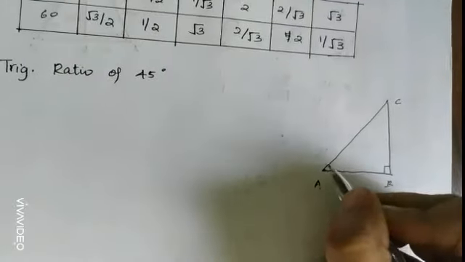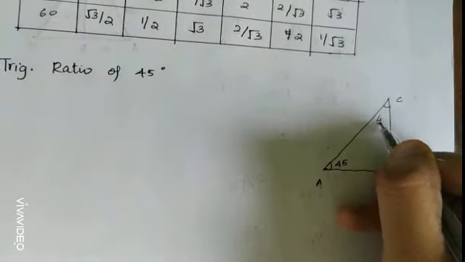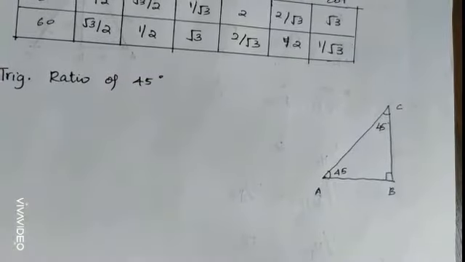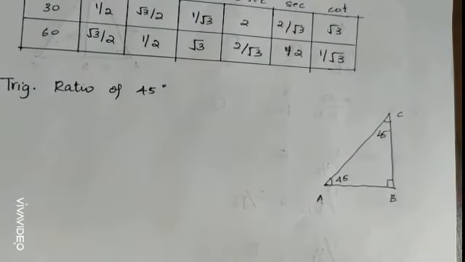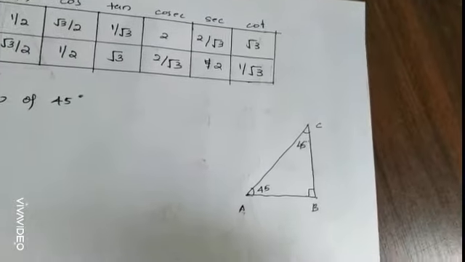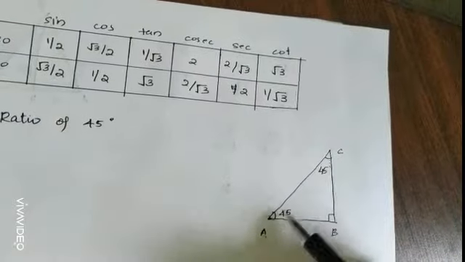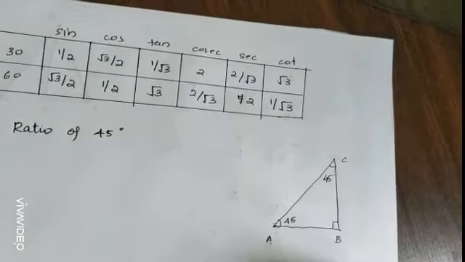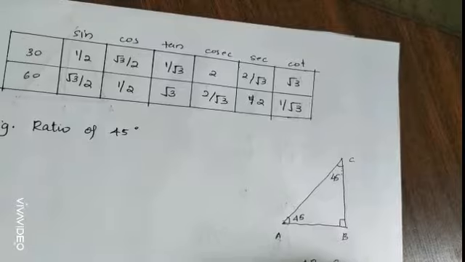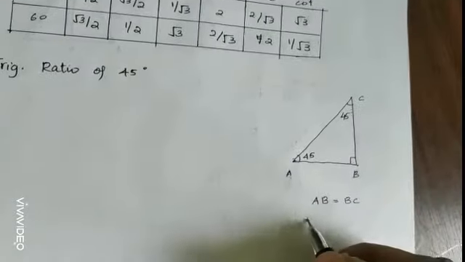This is 90 degree, this is 45 degree, this is 45 degree. And being these two base angles 45 degree, AB will be equal to BC. That is, it becomes an isosceles triangle.